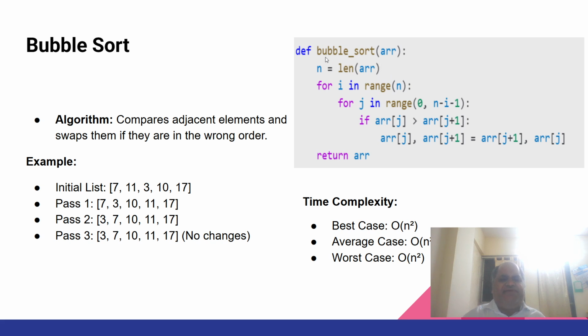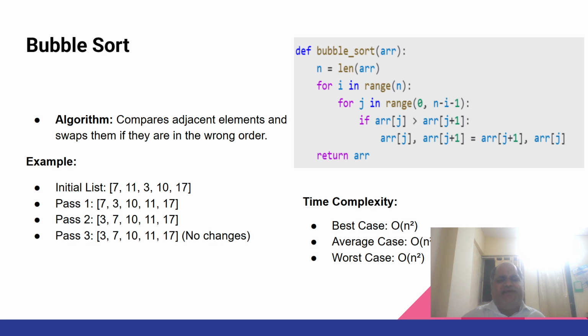If you can see the place where my mouse is hovering, what you do is you set up for i in range of n. You know what range of n does? It will go from 0 till n minus 1. And for each of these i, you do j from the beginning till the ith element.